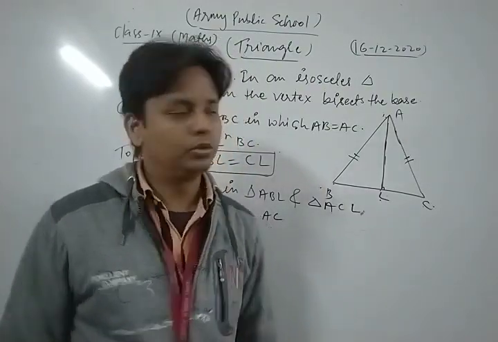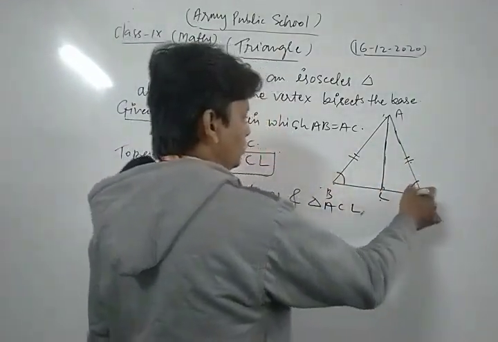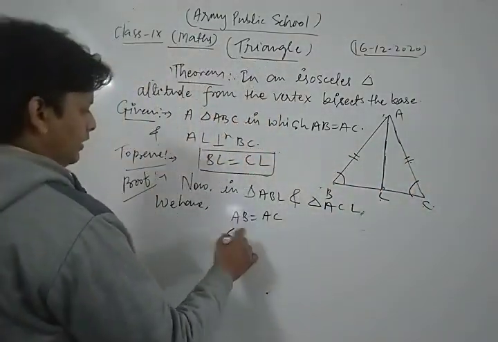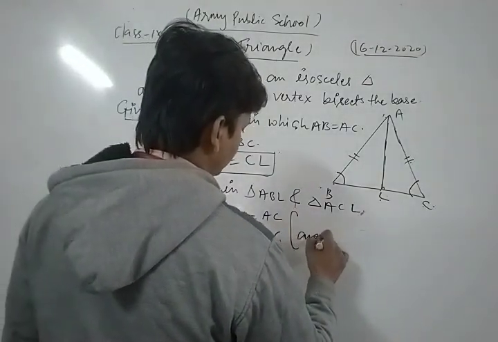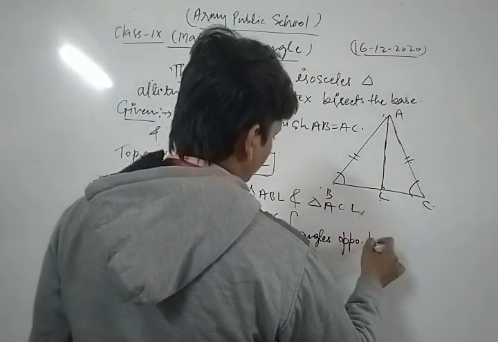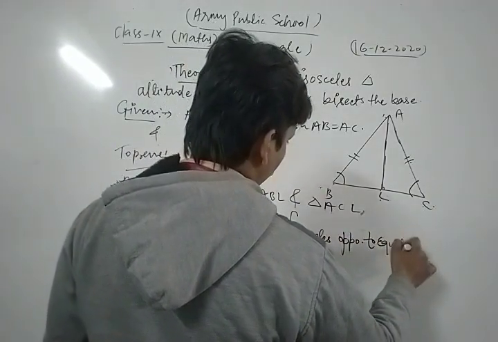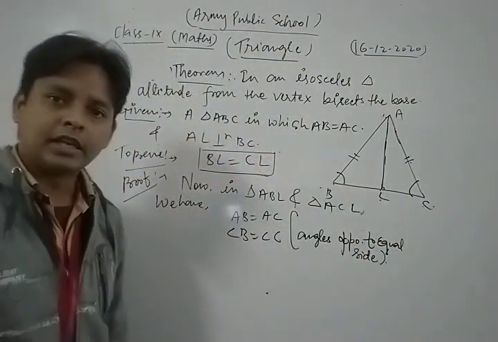If AB is equal to AC, then angle B is equal to angle C. These are the angles opposite to equal sides.